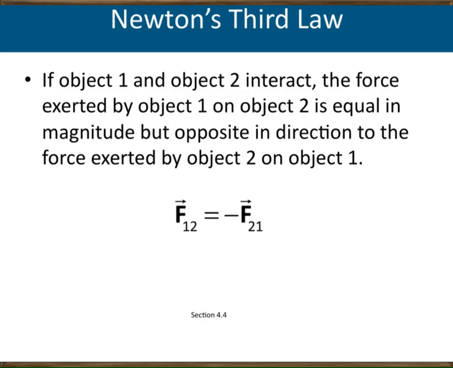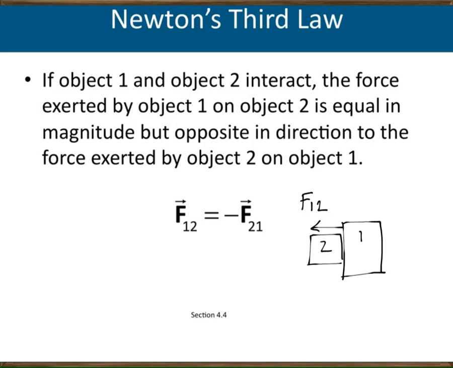Okay. If you have two objects, let me draw them here. They are in contact with each other. If you're pushing the first object towards the second one, that means there is a force by 1 on 2.